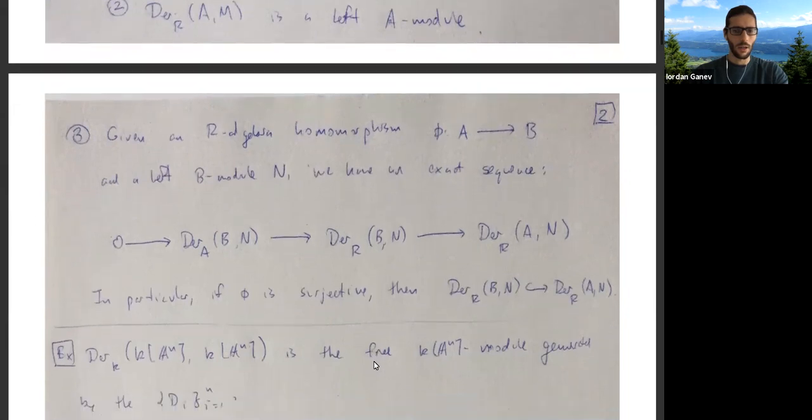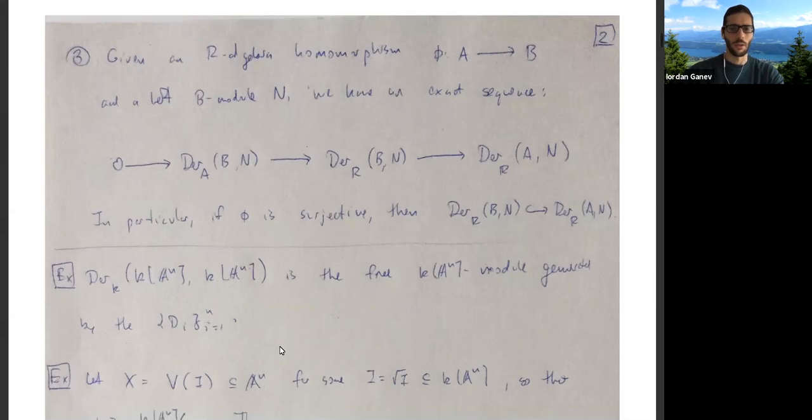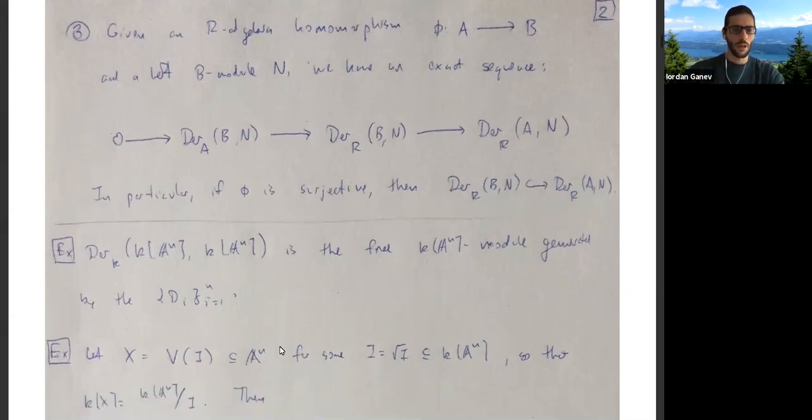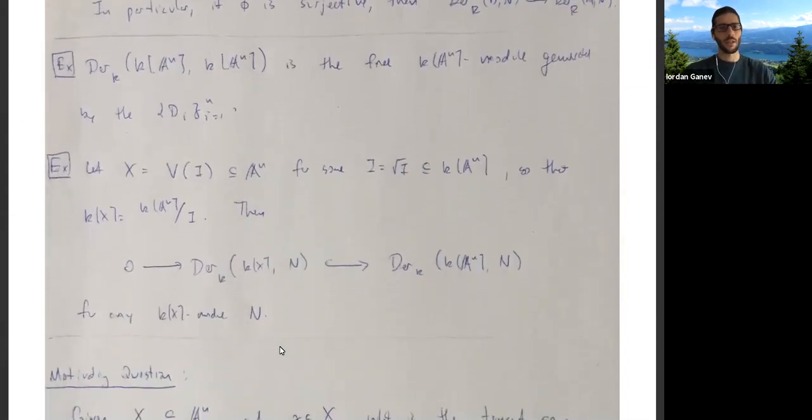And we saw also as an example, if we have just the polynomial algebra in n variables, then as a module, it's the free module on the partial derivatives. So the derivations form a free module with generating set given by the partial derivatives. And then we were investigating what happens if we have an algebraic set inside A^n, so the vanishing set of an ideal.